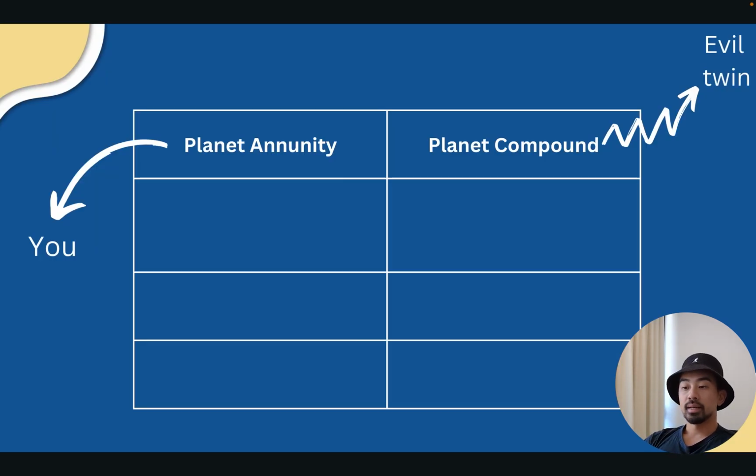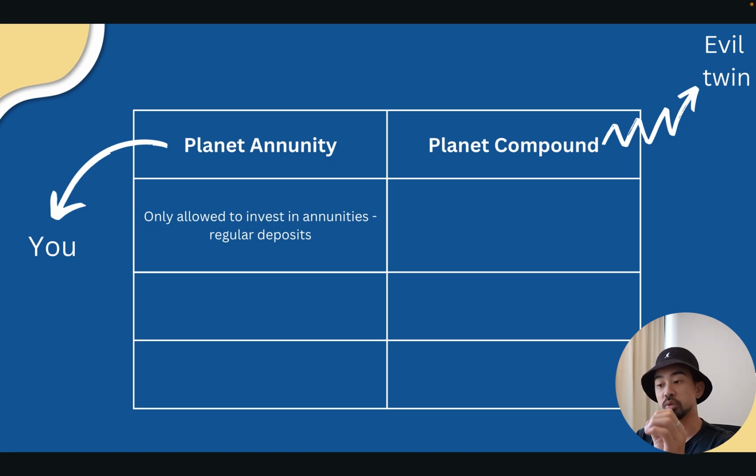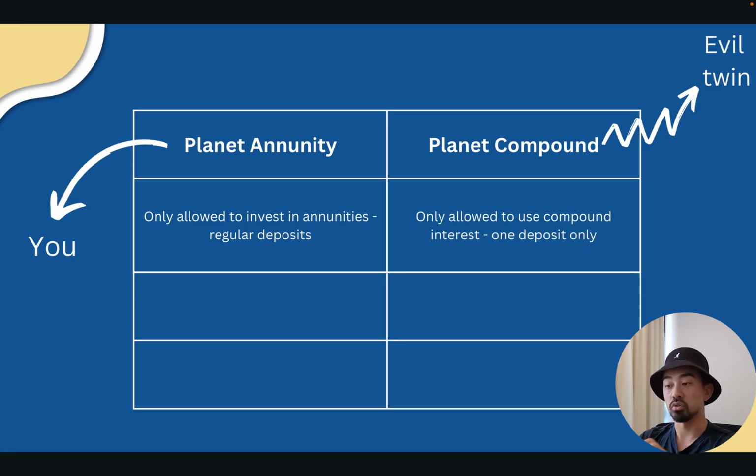So imagine you live on planet Annuity and you have an evil twin that lives on planet Compound. Okay, so two different places. Now, on planet Annuity, you're only allowed to invest in annuities. So you can only invest in things where you invest regularly at certain time periods. Now your evil twin who lives on planet Compound can only invest using compound interest.